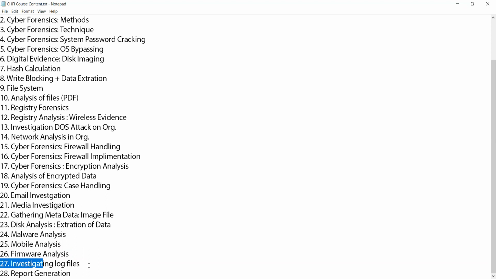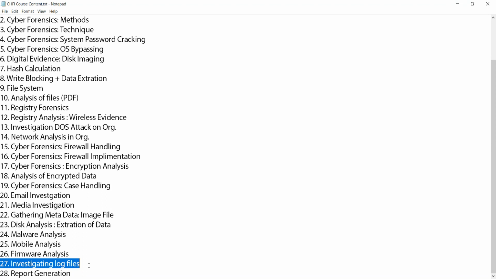The next thing is investigating log files. This is a very important thing, guys. As an investigator, if we are going to handle any type of case, the first thing you need to analyze is the log files, because every type of activity, whether critical, error, or informational, you can gather every type of detail from those log files, which are based on different distributions like Windows as well as Linux as well as servers also.